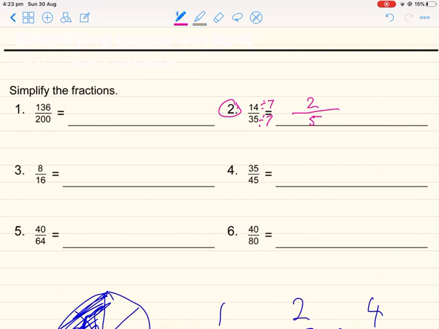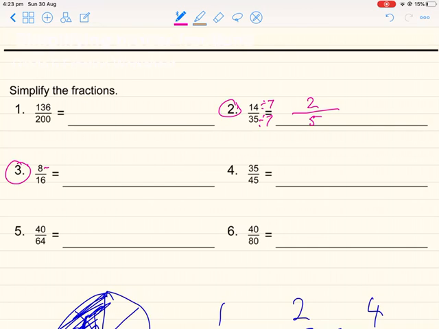Here we go. 8/16. I'm doing number 3. 8/16. Again, looking at it, I know 2 will go into both of those, but there's also a number that will go into both of those, and that would be 4.